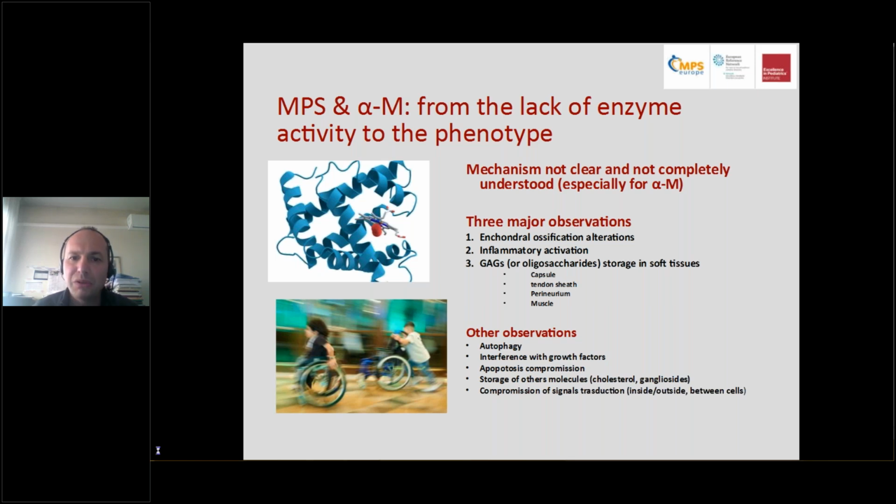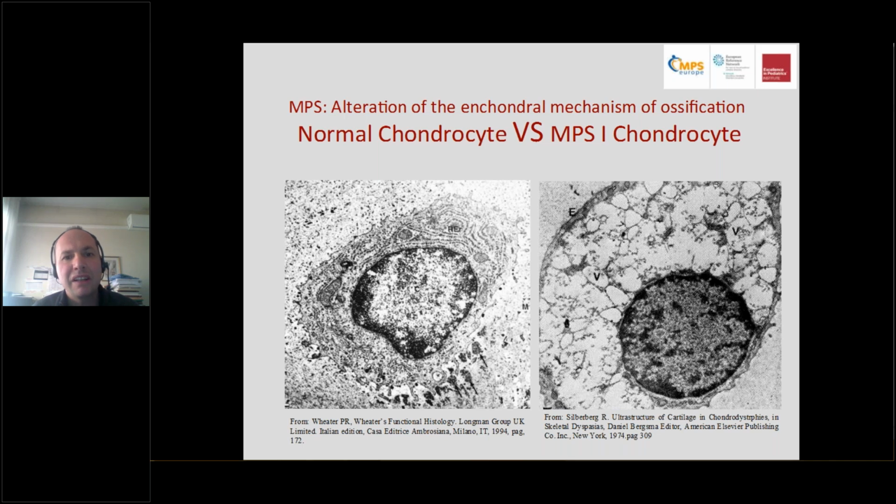But I like to go deeper into the alteration of the enchondral ossification mechanism. So I like to start from these two electron microscopy images. On the right side, we have an MPS chondrocyte. On the left side, we have a normal chondrocyte. And the difference is very easy to see.